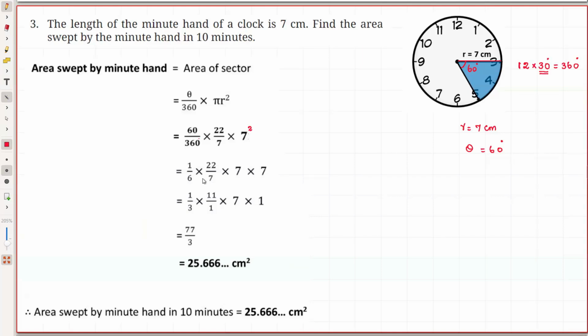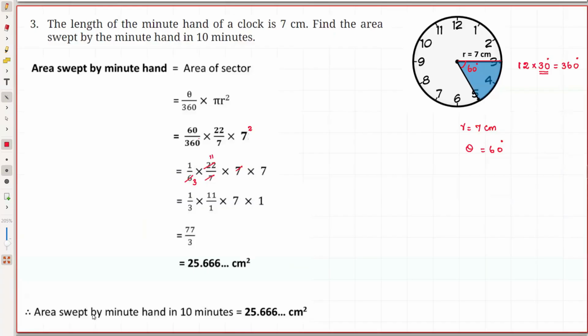Now we can simplify it. The sevens get cancelled. Here 3 2s are 6, and 11 2s are 22, so 1 into 11 into 7, which is 77 by 3. 77 by 3 is 25.6666 centimeters square.